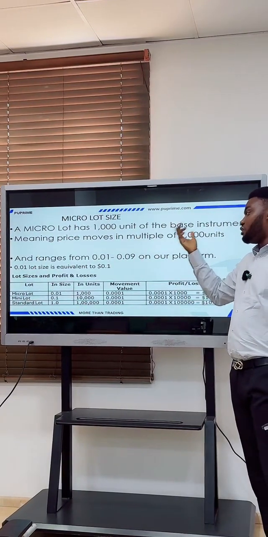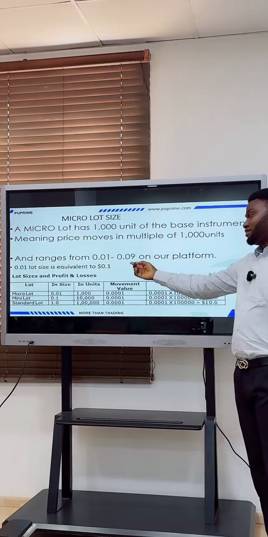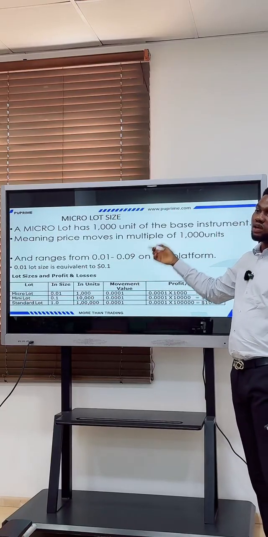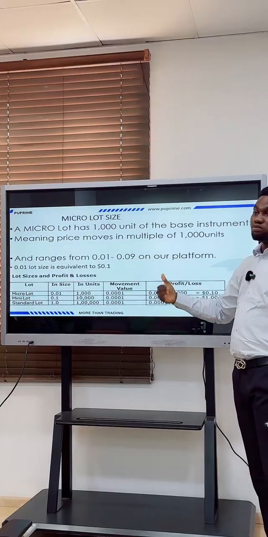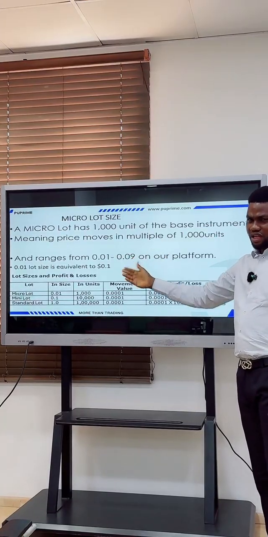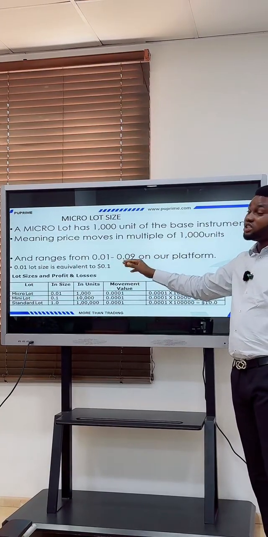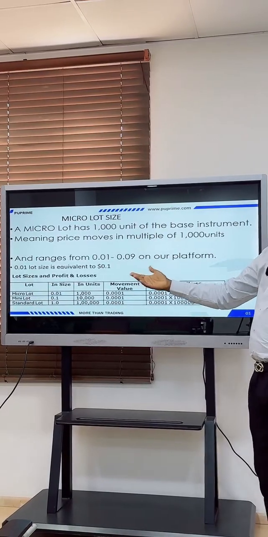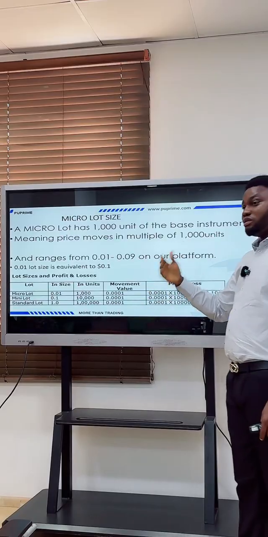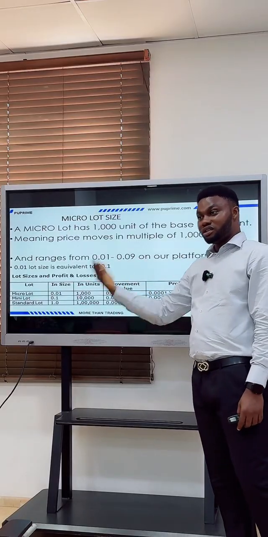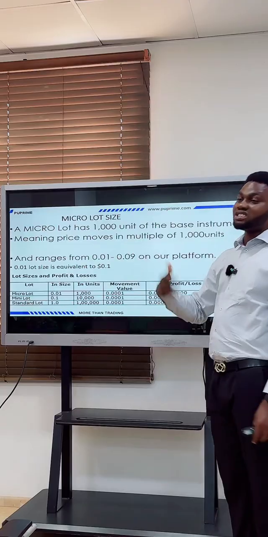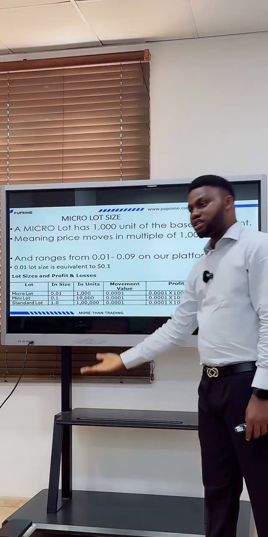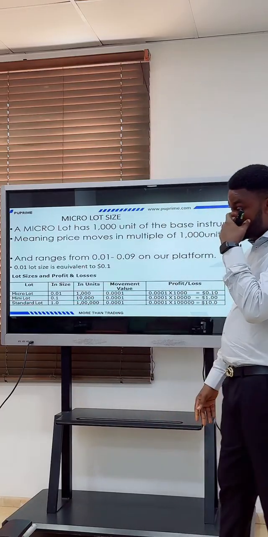So for me to make $1 using this lot size, I will need the market to move by 10 pips. But for someone using a mini lot size of 0.1, those 10 pips have already made him $10. For someone using the standard lot size of 1.0, those 10 pips have already made him $100. That's how it is.